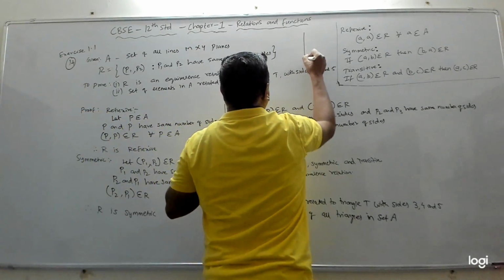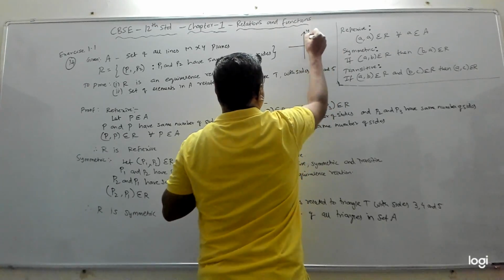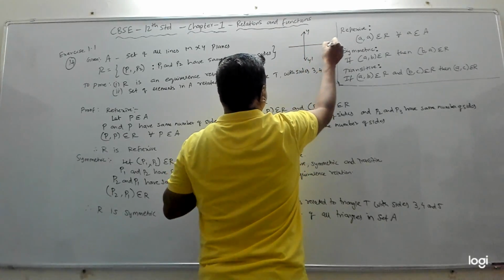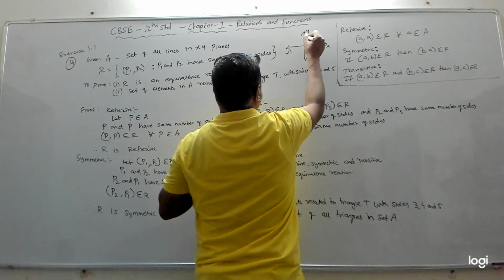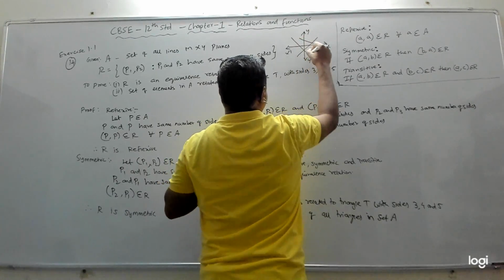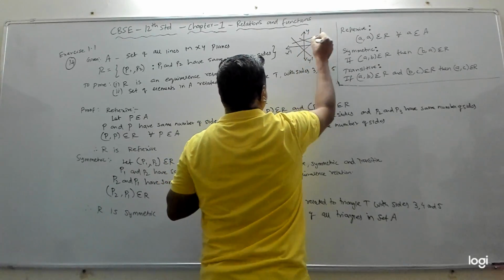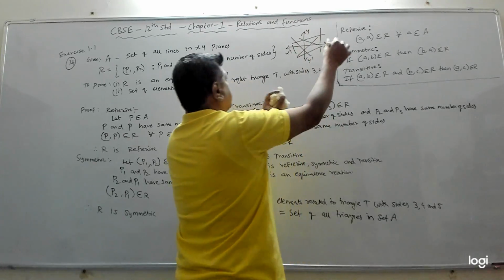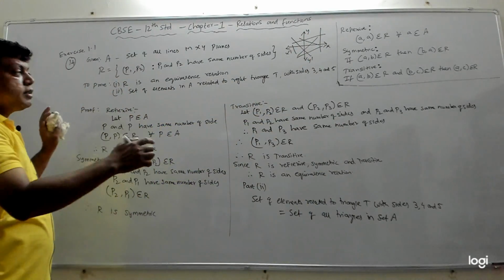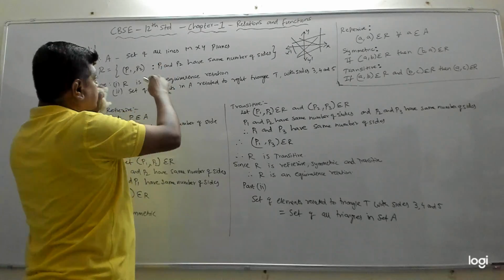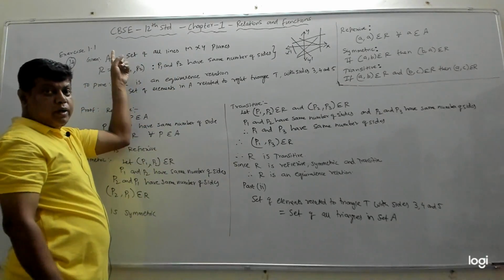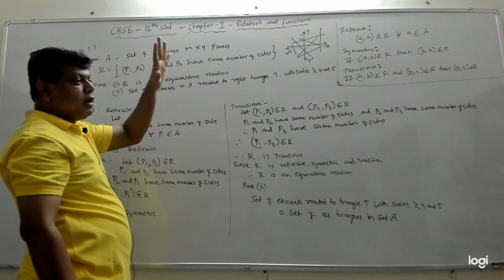If this is the plane, x-axis, y-axis, then this line, this line, this line, all the lines. The set of all the lines in the plane. So each element in A is a straight line in the plane.